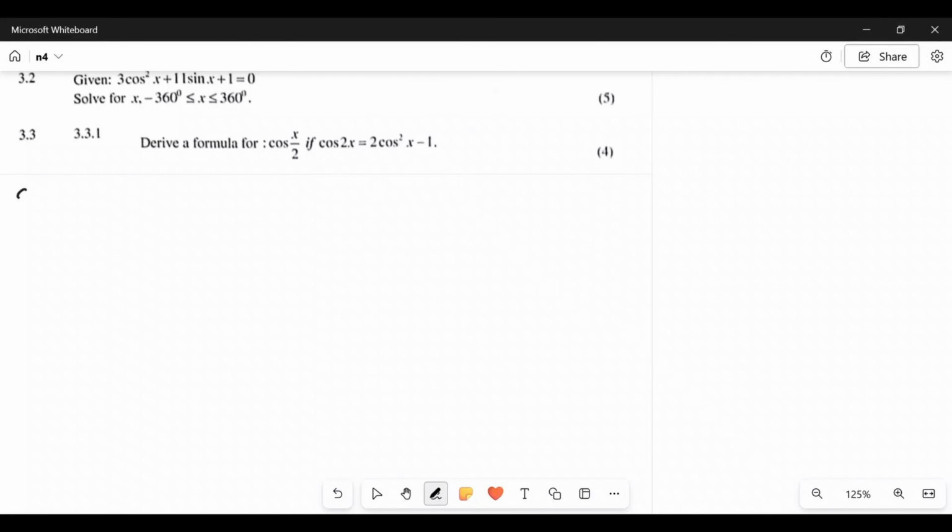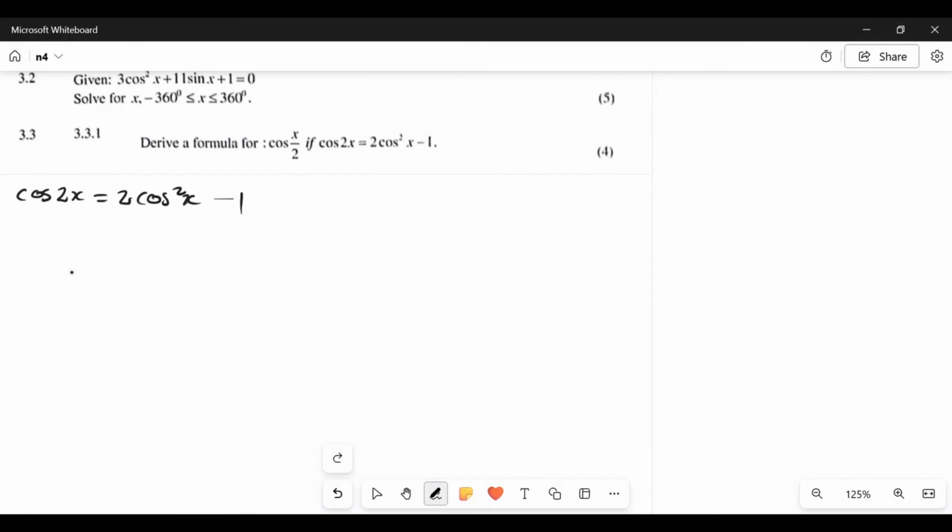First, we are given cos 2x equals 2 cos squared x minus 1. So this is what we have there. What we have to do here is to make cos the subject of the formula first. So we can transpose this -1 to the left-hand side.